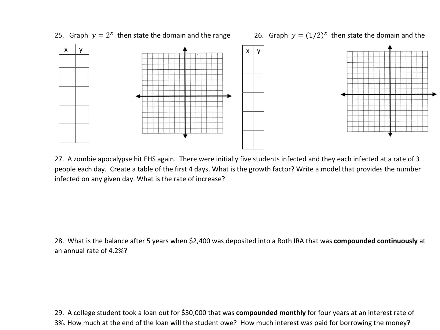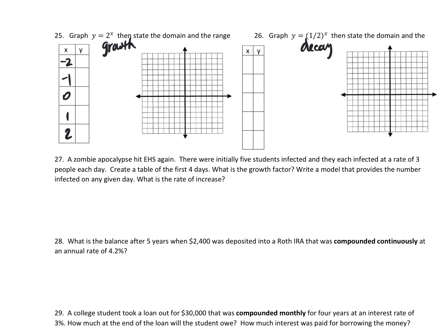All right, let's graph a couple exponential growth functions, growth or decay. The first one is growth. This one is decay. So when I'm graphing, I start with -2, -1, 0, 1, and 2 in my table. I get 2 to the 0 power is 1. 2 to the 1 power is 2. 2 squared is 4. 2 to the negative 1 is 1/2.